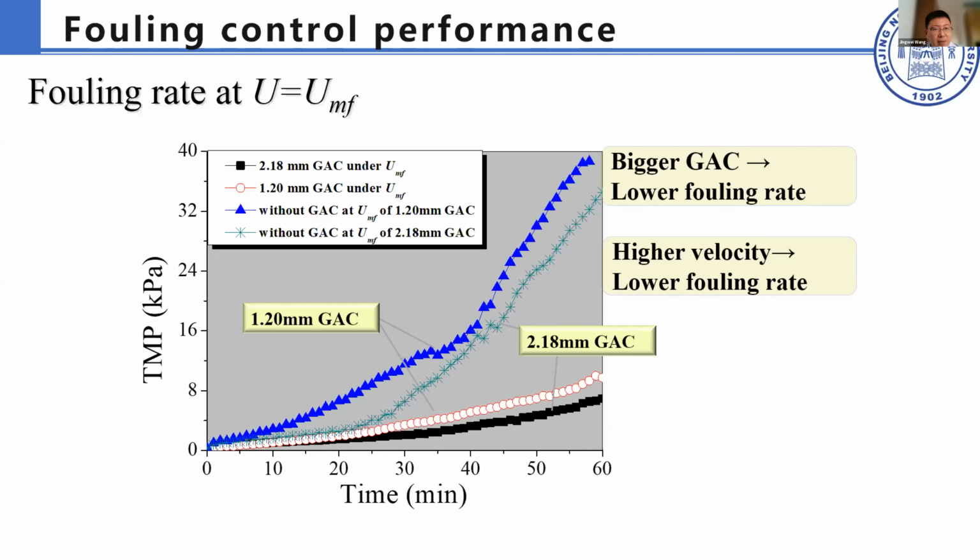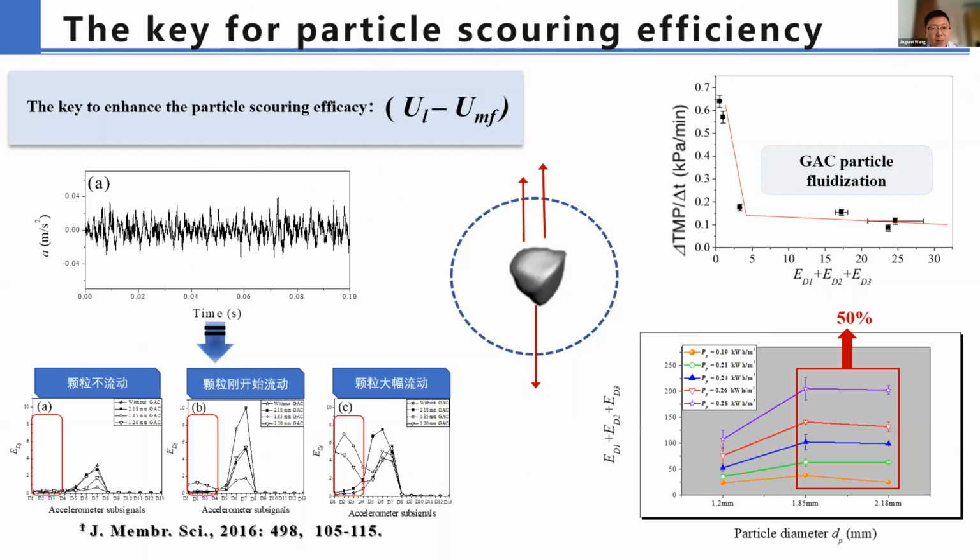So from the investigation, we can know that the key to enhance the particle scouring efficiency for a particle is balanced by the measure like this highlighted image.